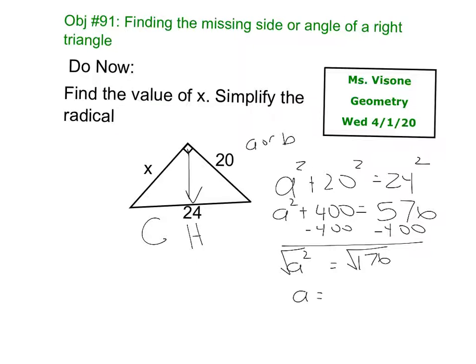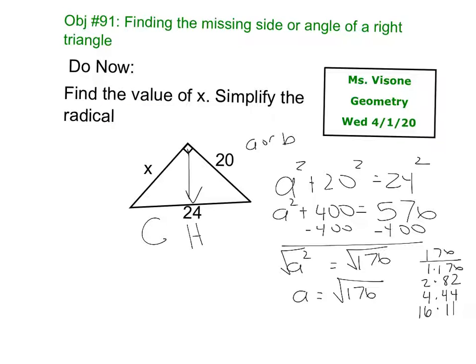So a equals, let's see, it says find the value of x, simplify the radical. So now we have to figure out, can we simplify 176? So let's see, 176, 1 times 176, 2 times 88, 3 doesn't work, 4 times 44, 5 doesn't work, 6, 7, I think 16 and 11.